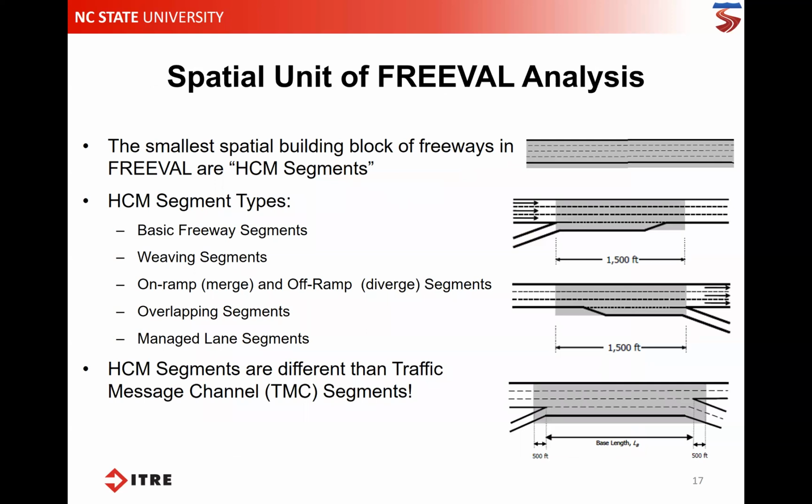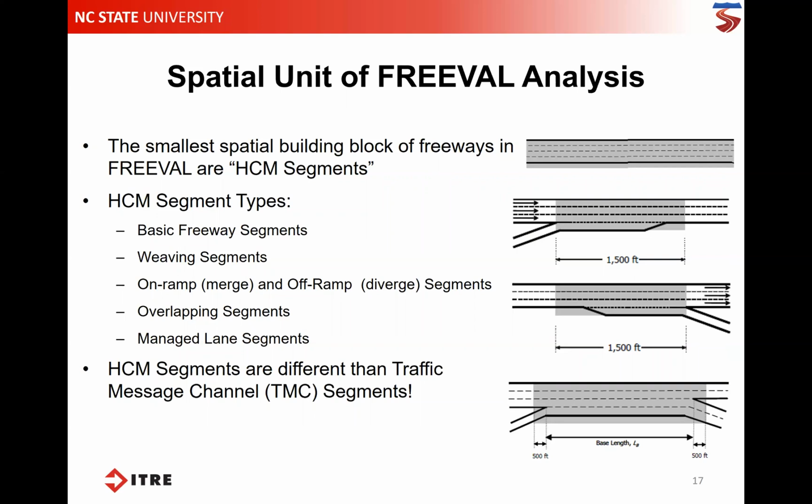How do we analyze? We begin to stitch together a number of segment types, and these are fairly common: basic segment, on-ramp segment, off-ramp segment, and weaving segment. We also have something called an overlap segment, which could be the case where the distance between on-ramp and off-ramp could be less than 3,000 feet, which is essentially the sum of the ramp influence areas.